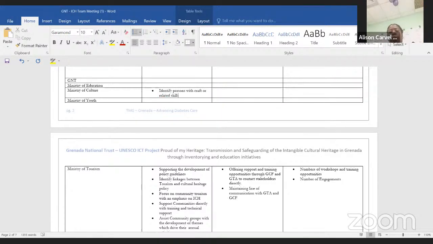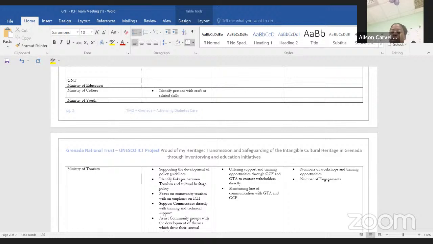We even found someone who made a mini steel pan. We looked at a farmer who farms sea moss, and we're looking at nurseries that have flowers, because I don't know if you know, but Grenada normally gets gold at the Chelsea Flower Show. So we wanted to feature those persons as well.